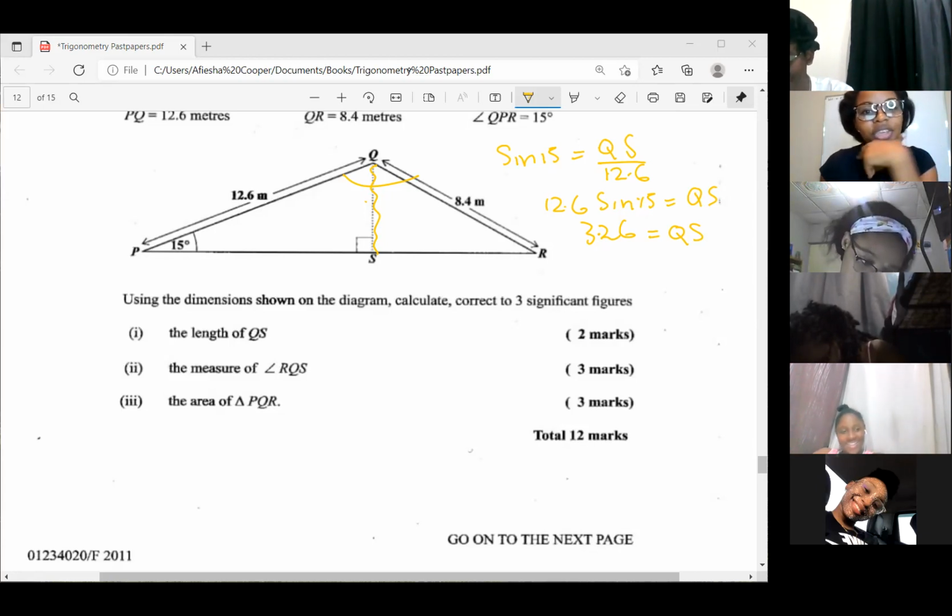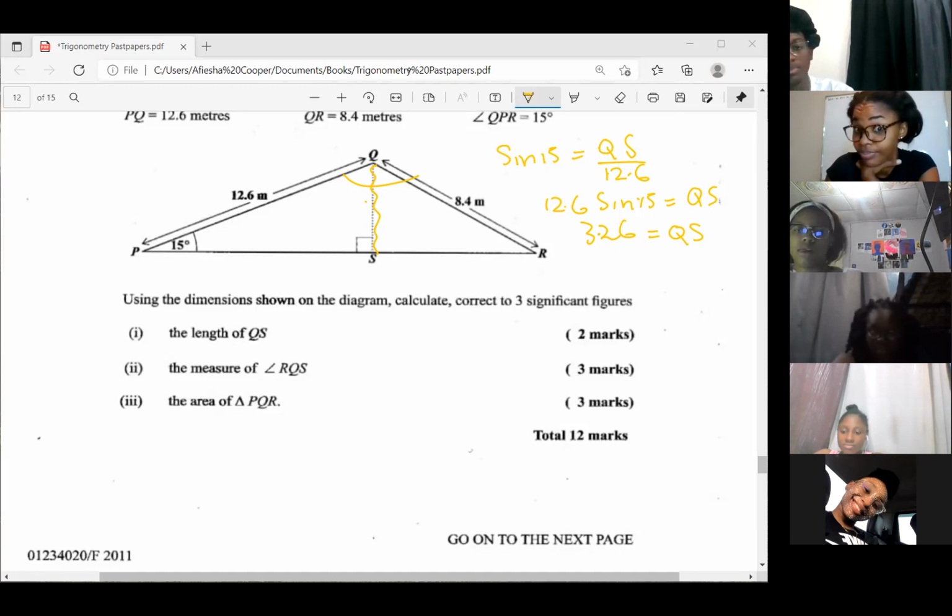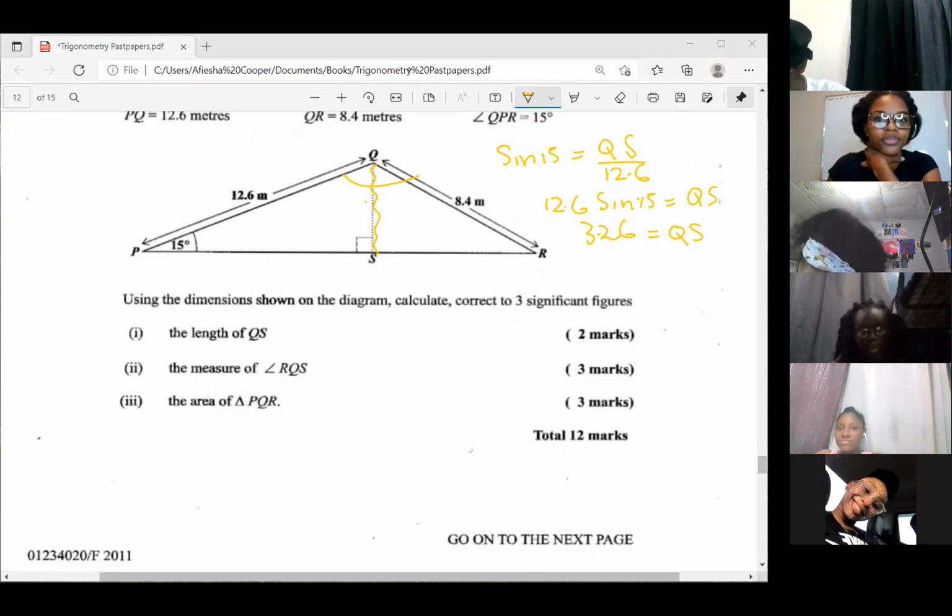All right, angle RQS. How to work that out? Cosine? Do we have PR? Adjacent over hypotenuse.